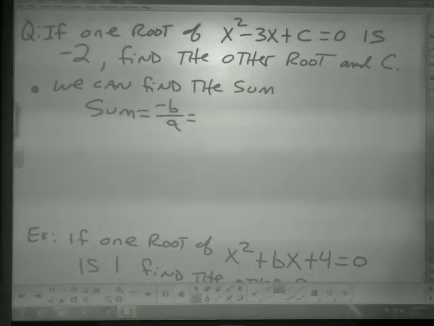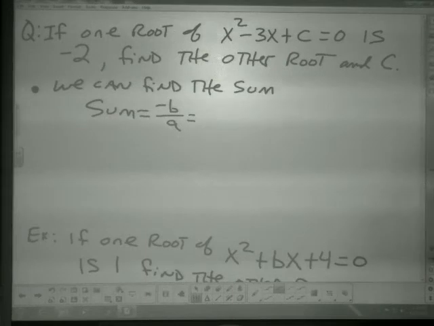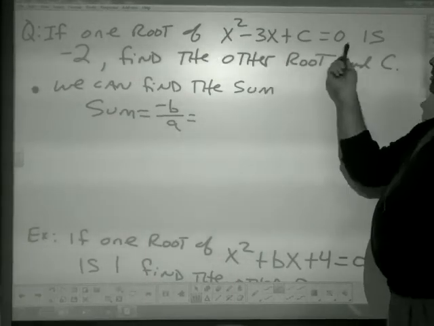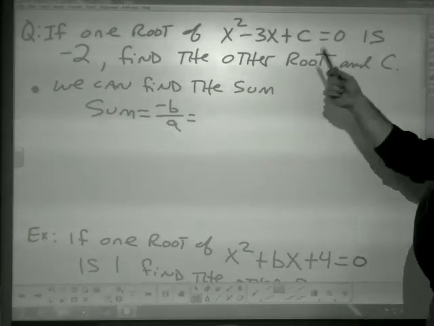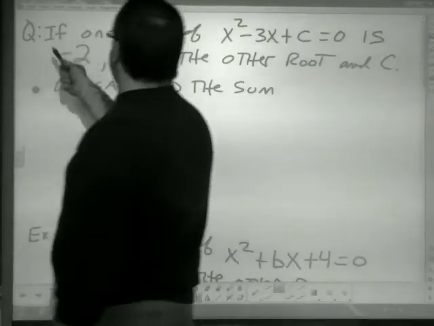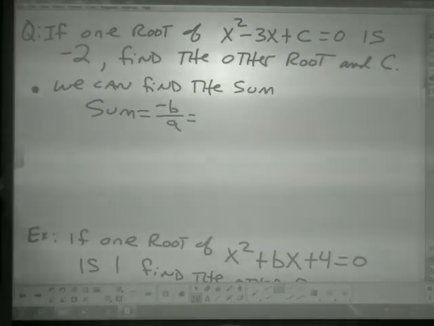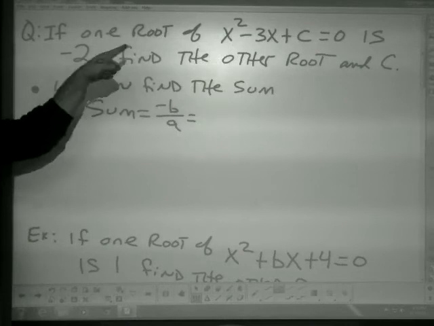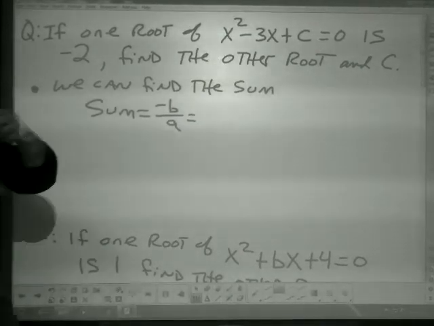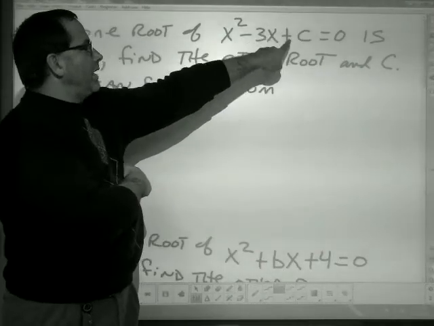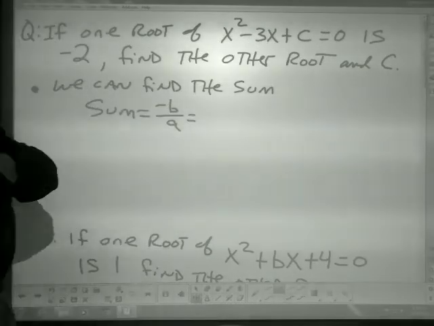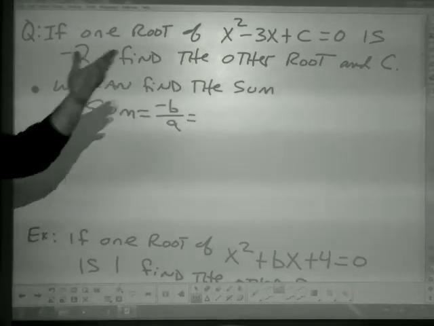For example, let's say we know one of the roots. So if one of the roots of this quadratic equation is -2, so sometimes in a problem they will tell you some information. They'll say, hey, we've got one answer. They want you to find the other answer and tell me what this value is. So they're kind of keeping this a secret. So I look at what's given.